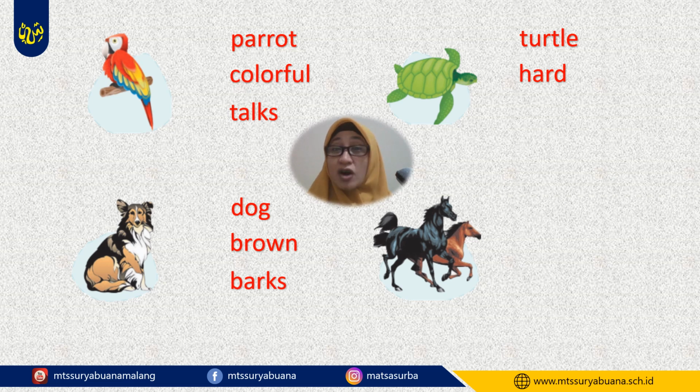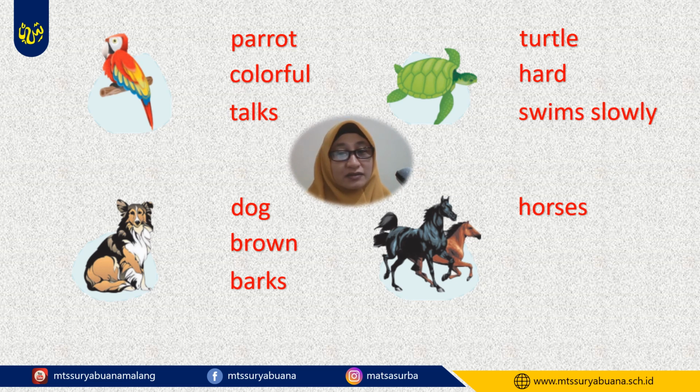Now the next animal is turtle. The adjective is hard. So we can say something about the turtle here: it's hard. What is hard here? Yeah, the shell, right? Its shell is hard. And the verb here is swim slowly. Now the next animals.